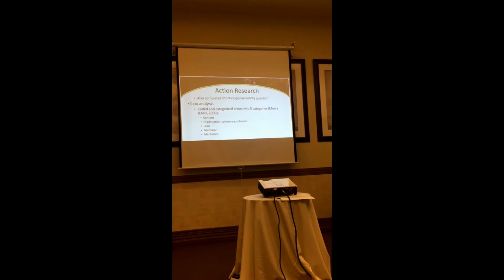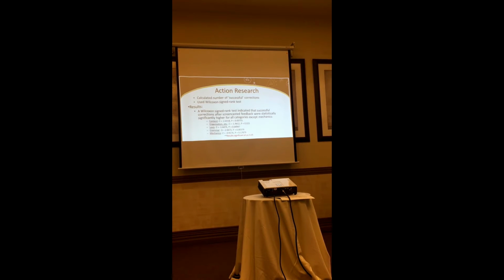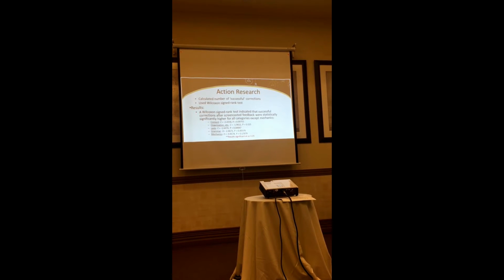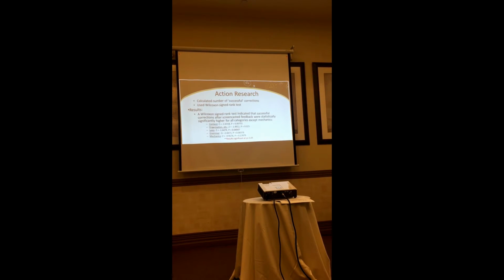So I categorized each of the errors into those 5 areas. And then I calculated the number of successful revisions. I looked at the first draft, I looked at the second draft, and I tried to see whether the issue that I pointed out in the first draft was successfully corrected in the second draft.